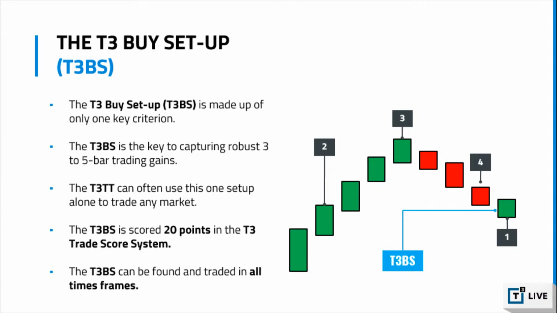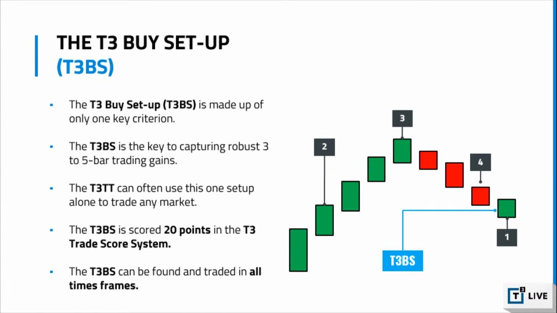One is by basing, so that's through time, by going sideways, or through price by pulling back. So again, stocks can correct through time by going sideways, or through price by pulling back. Now the buy setup is basically a pullback, and there are 2 types of buy setups. There are 3 types, but for purposes of this discussion, let's just say there are 2 types.